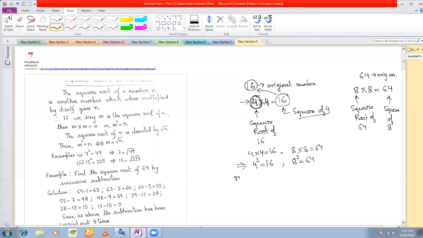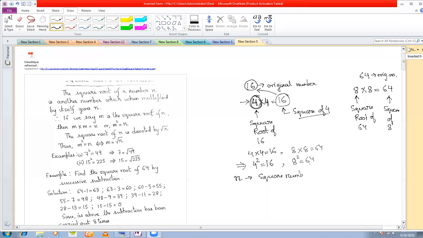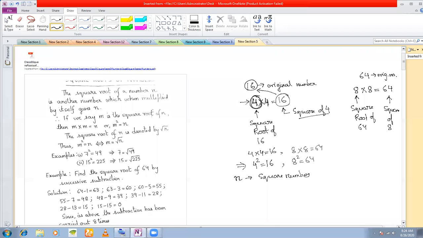If I want to find out the square root of a number n, this is my square number, whose square root I need to find out. Suppose that the square root of this number is m, then m square must be equal to n. Now compare this with these two.